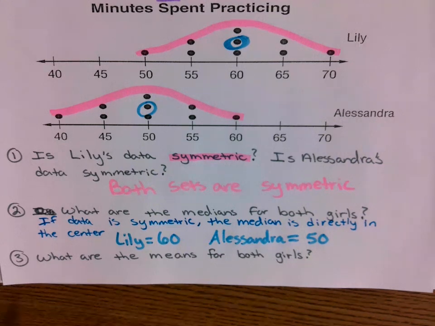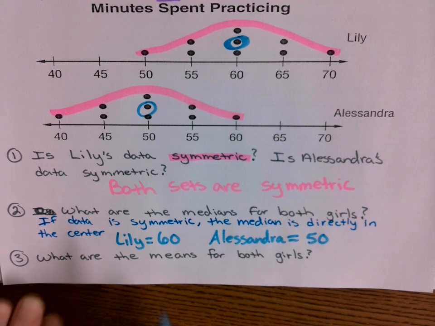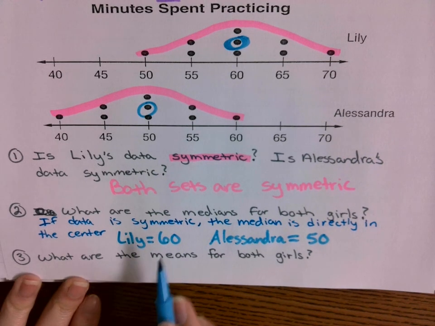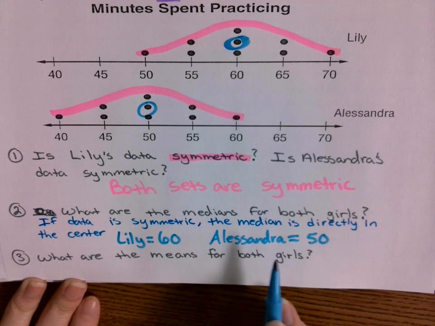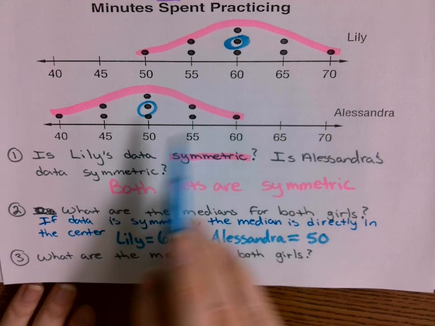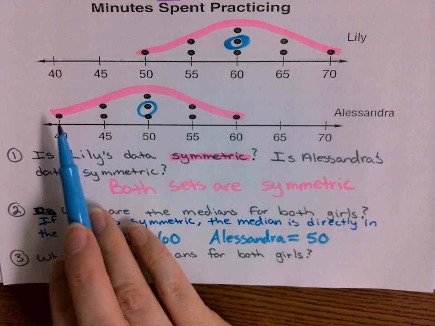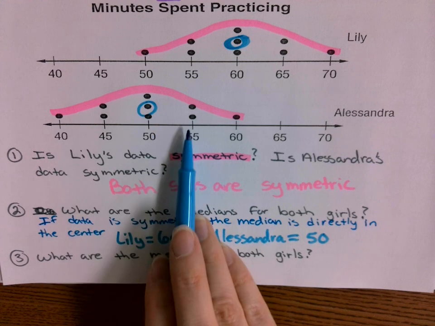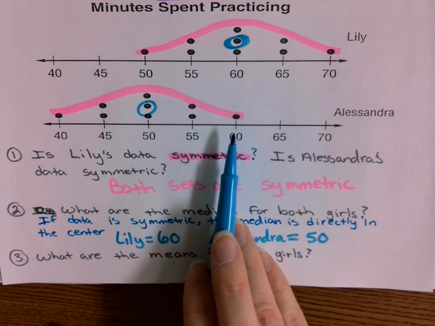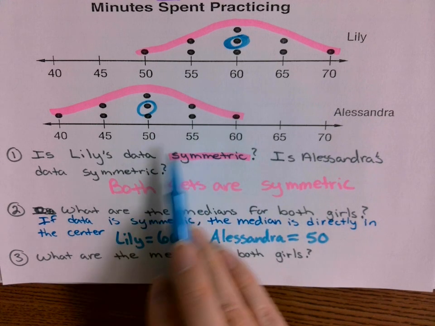So that means that the mean for Lily is also 60, and the mean for Alessandra is also 50. You don't have to sit there and go, oh, okay, 40 plus 45 plus 45 plus 50 plus 50 plus 50 plus 55 plus 55 plus 60, add all that together and then divide it by 9. It's going to give you 50. That's what it's going to do.